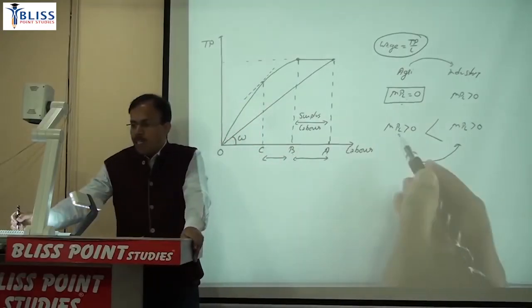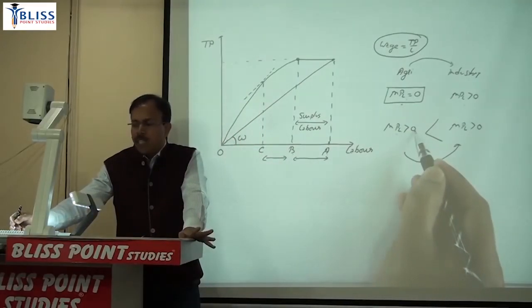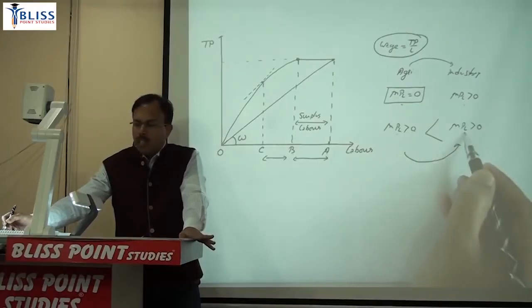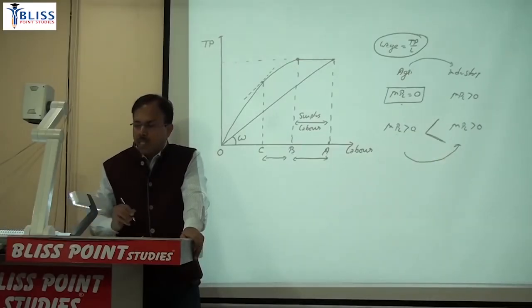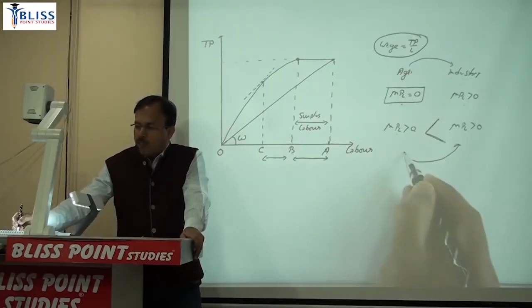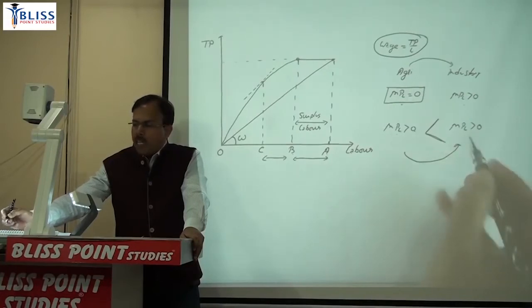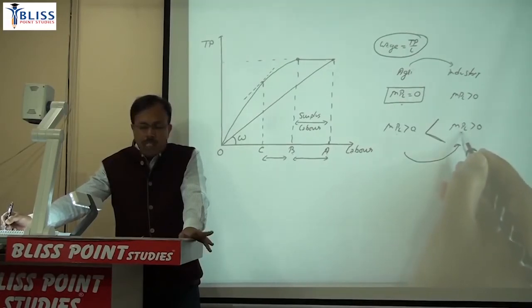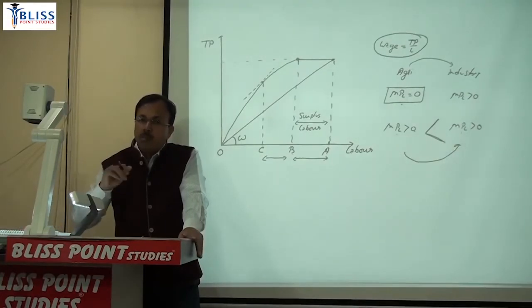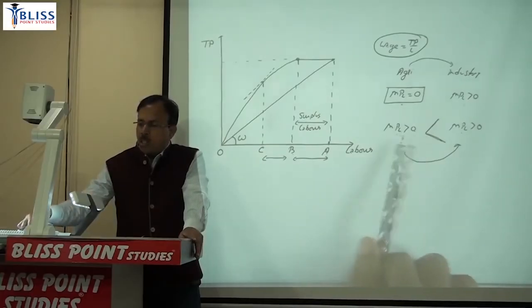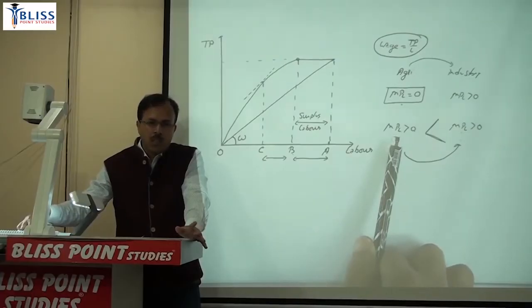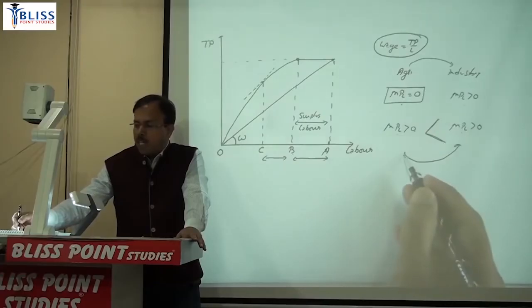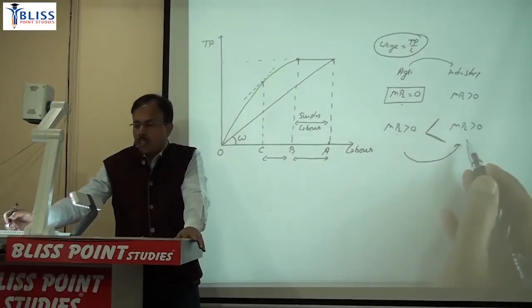I repeat the point: marginal productivity of labor is positive in agriculture as well as in industry, but it is more in industry as compared to agriculture. So when one worker moves from agriculture to industry, it increases total product in industry more and reduces total product in agriculture less. So overall production increases. Efficient use of labor requires that this labor should migrate from agriculture to industry.